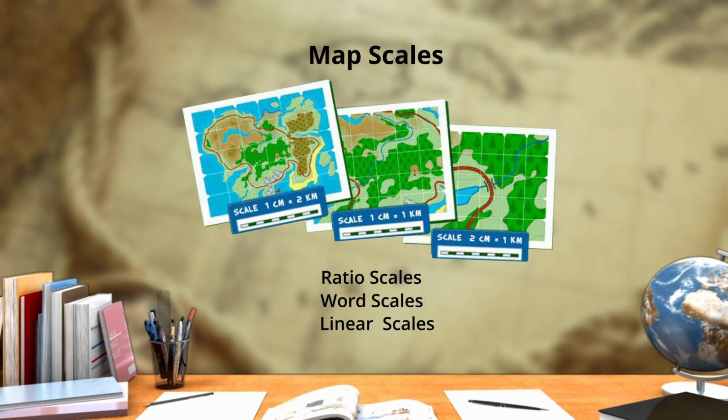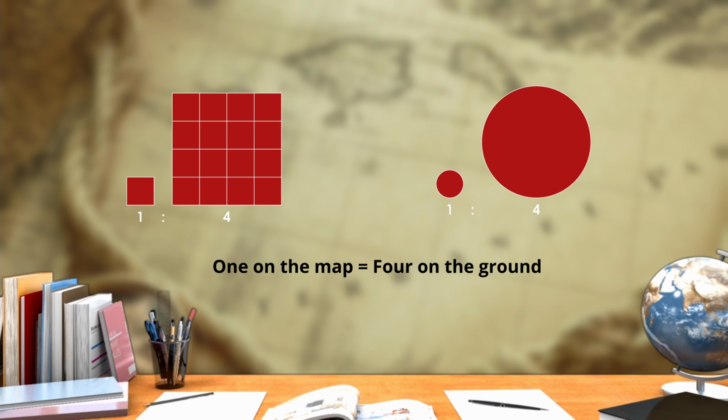Now, what do we mean by a relationship between the distance on the map and the distance on the ground? As shown here on the screen, the distance on the map will be one square or one grid representing the 16 grid on the ground.